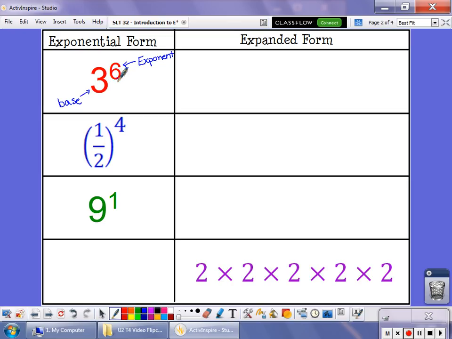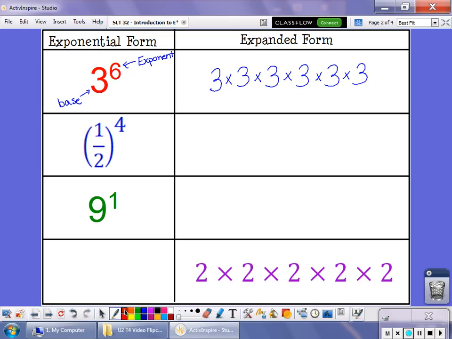The exponent tells us how many times we multiply it. So what we're going to do is multiply 3 6 times. So it's going to be 3 times 3 times 3 times 3 times 3 times 3. So I'm going to take the number 3 and multiply it 6 times.